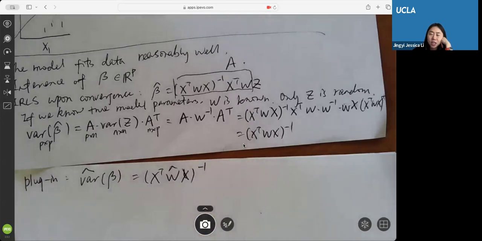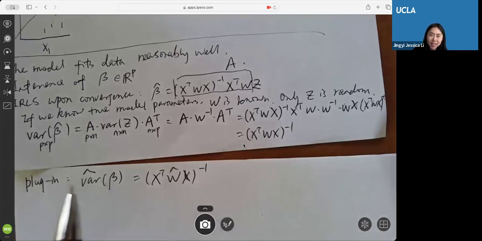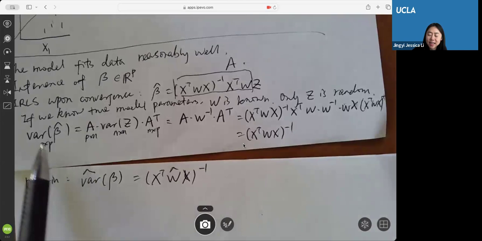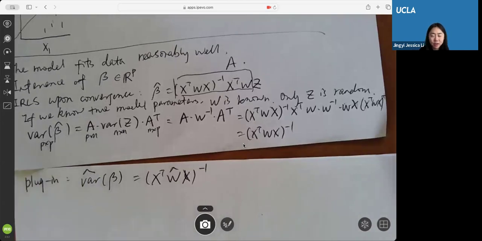You have to do plug-in. So this is like an infinite game. And I think this is something people can criticize frequentist inference for, because essentially at this step, you are using variance hat, a random quantity, to represent this unknown variance of beta hat. You are interested in the variance of beta hat, but it's not directly achievable since you don't know the model parameters. So instead, you're using your estimates for the model parameters as a replacement.